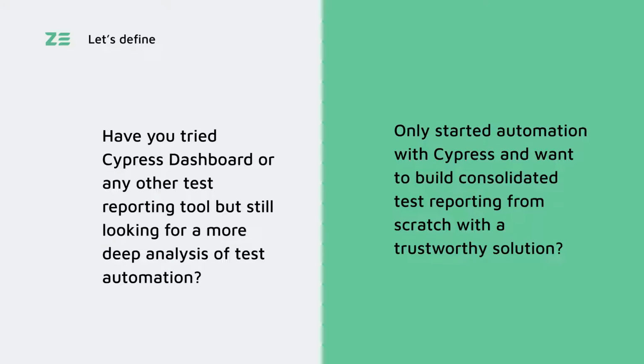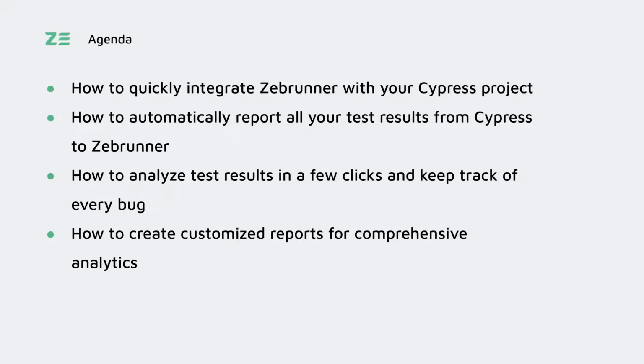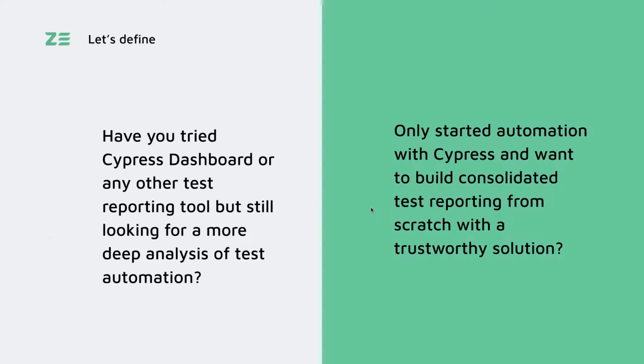So let's try to define what segment you are in. Let's imagine that maybe you have already tried the Cypress Dashboard, or any other test reporting tools, and you understood that, okay, I'm doing great with Cypress Dashboard, I can execute, I can analyze, but maybe I feel a lack of functionality I can use.